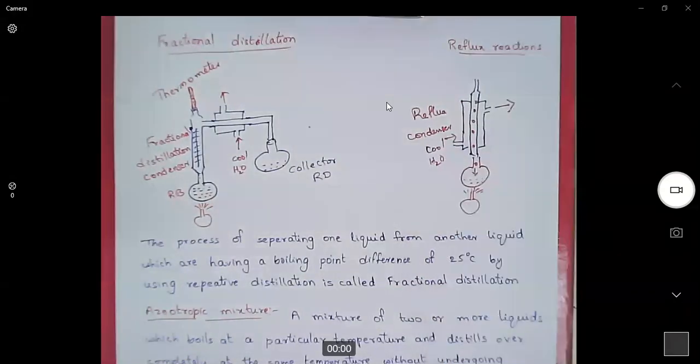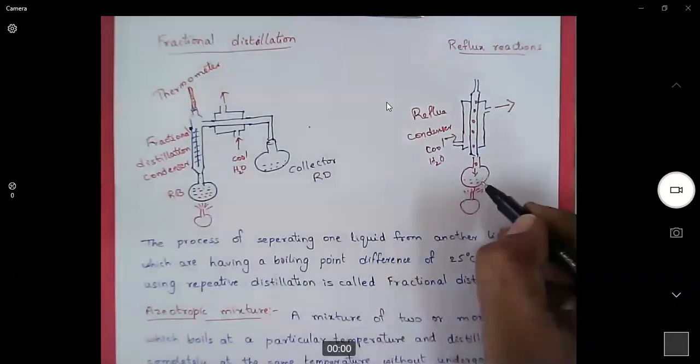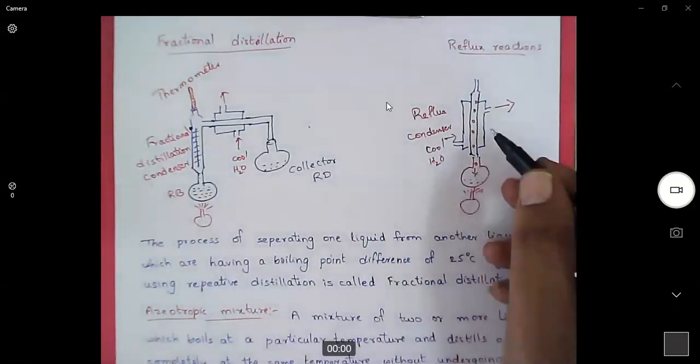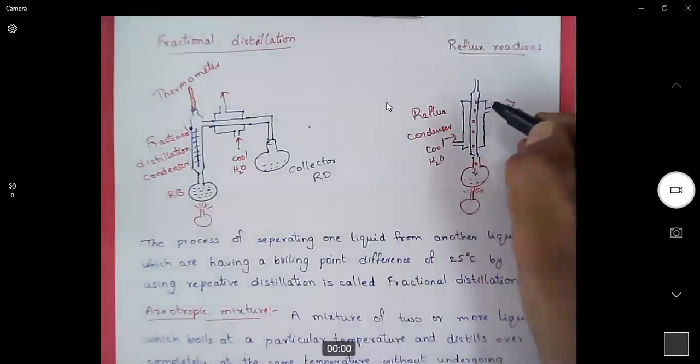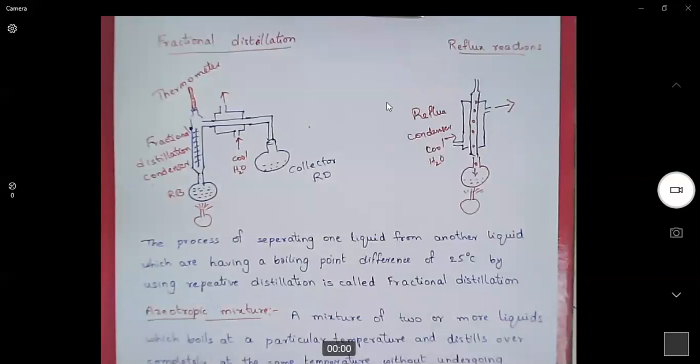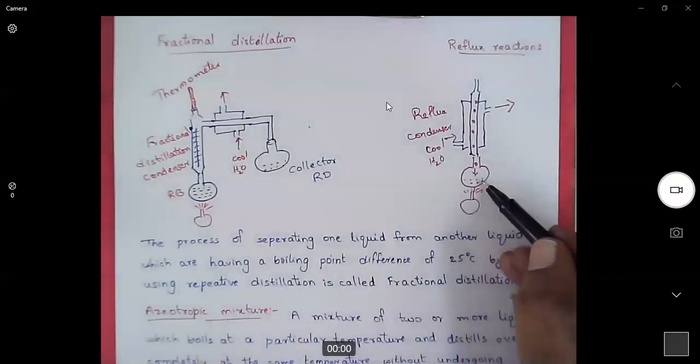When we want to do a reaction at high temperature, the solvent will easily evaporate and escape from the reaction mixture. Then we will observe loss of solvent. In that case, we need to continuously add solvent to avoid loss, right? If the solvent is lost, the reaction may not work properly.